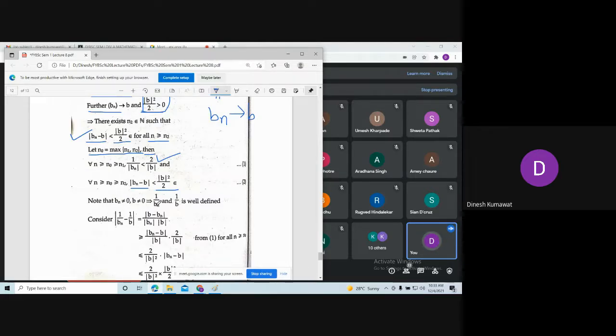This implies 1 upon Bn and 1 upon B are well defined. So if these two numbers are well defined, then we can talk about mod of 1 upon Bn minus 1 upon B. Now you just cross multiply it. So we are having this modulus is exactly equal to mod of B minus Bn divided by mod Bn into mod B. Okay, but what do we know about 1 upon Bn using this condition?